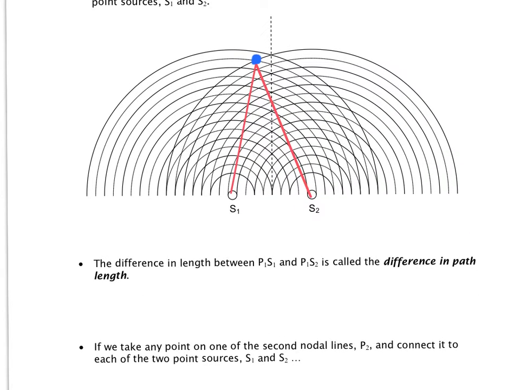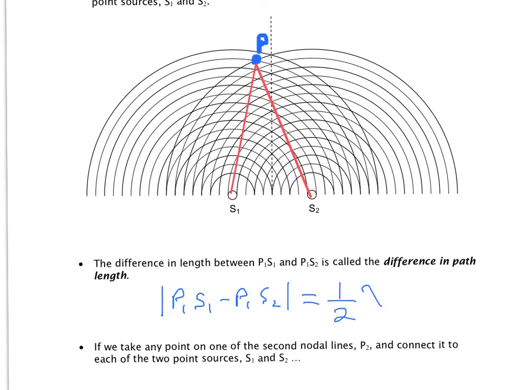So if I were to talk about the path difference between S1 and point P, maybe I should label this as point P, what I would find is that the difference between the distance from source 1 and the distance from source 2, or the absolute value difference between these two, would actually be 1/2 of a wavelength.